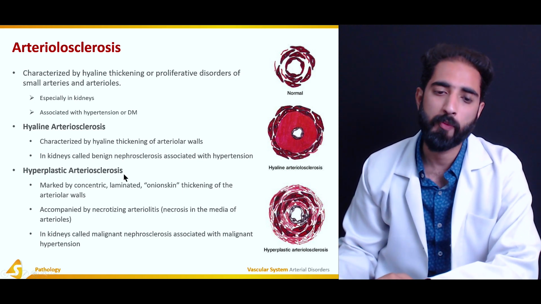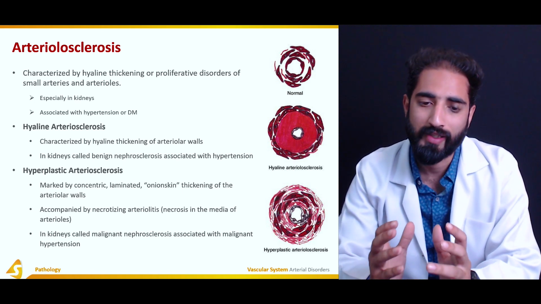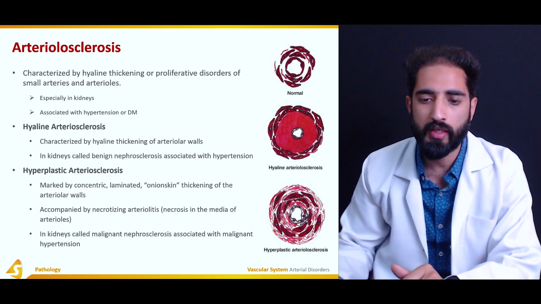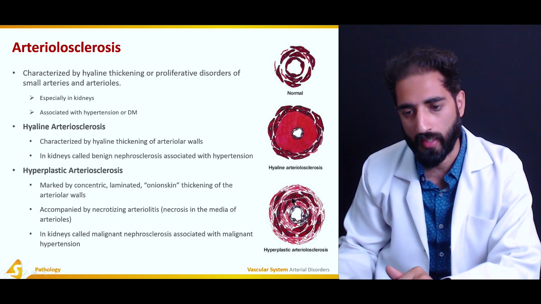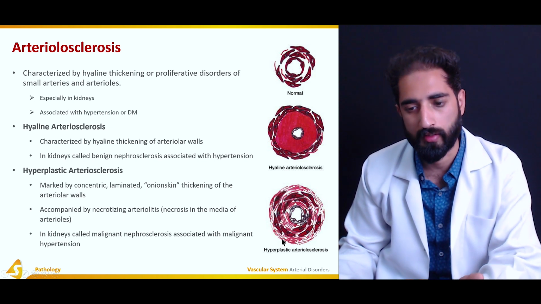The second is hyperplastic arteriolosclerosis, in which there is marked concentric laminated onion skin thickening of the arterial walls. As you can see, this onion-like appearance is in hyperplastic arteriolosclerosis.